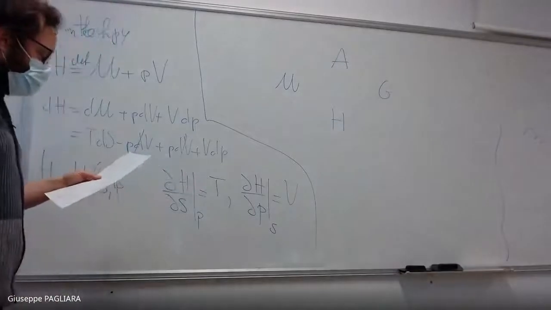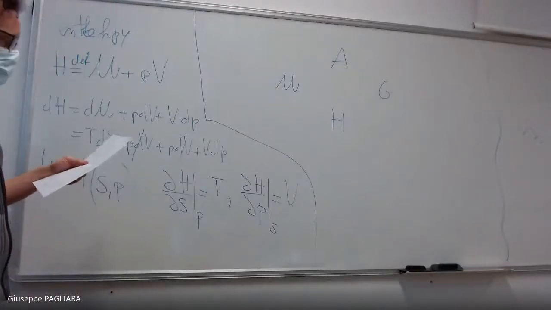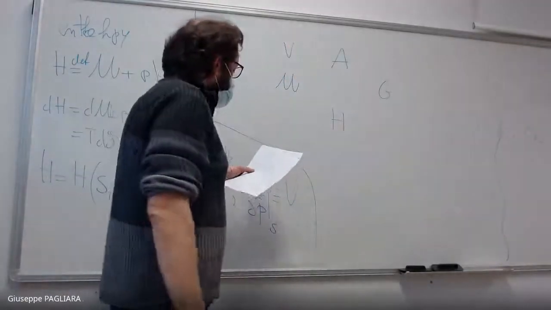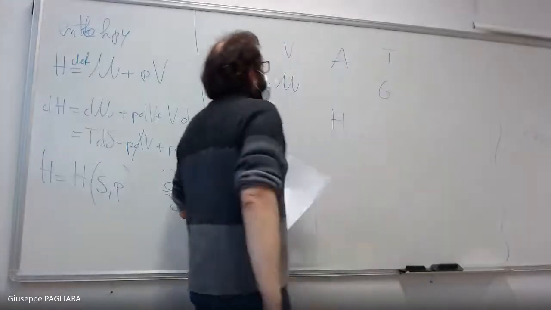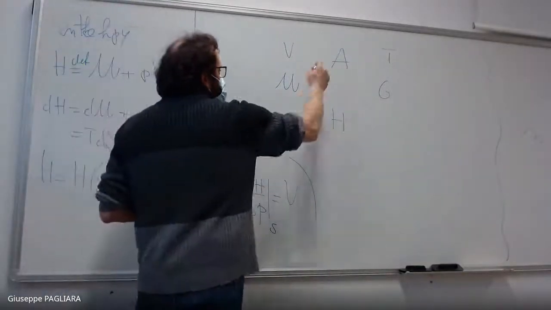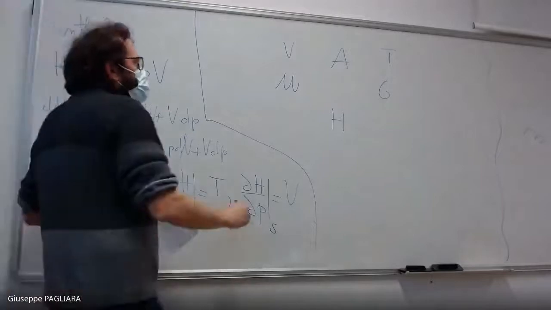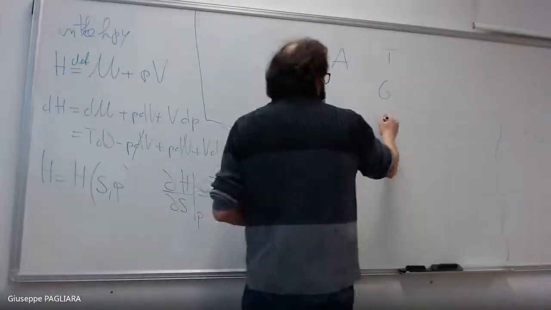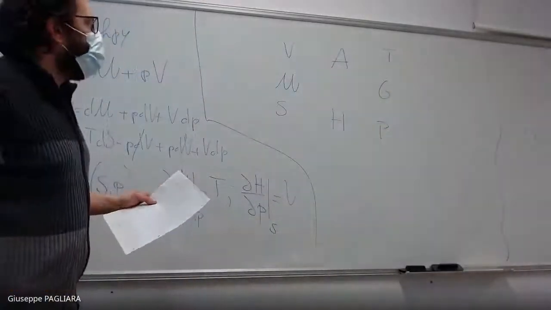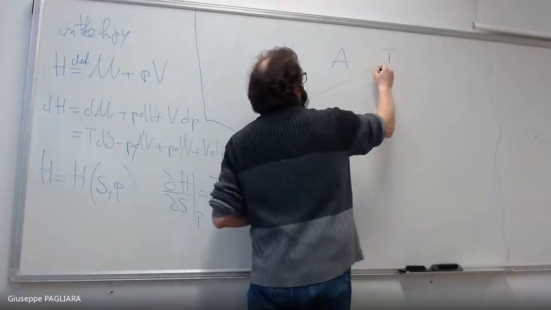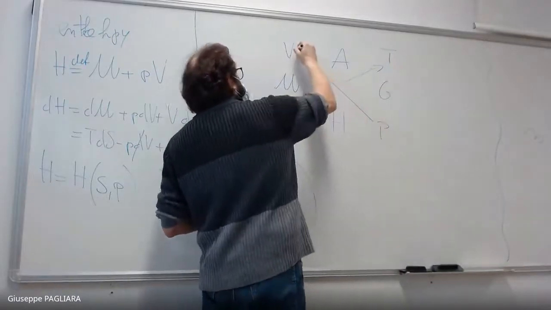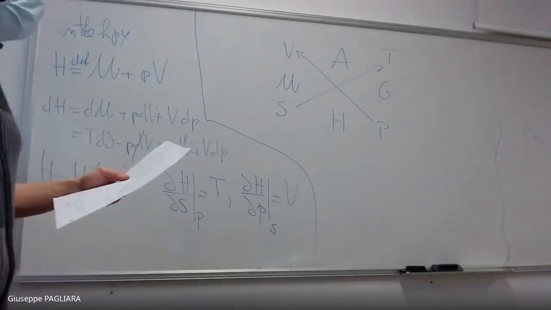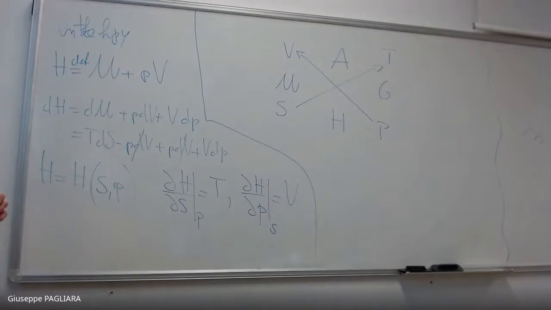So one draws the following scheme: U, A, G, and H. Here we have the two variables, V and T, on which A depends. U depends on V and entropy, and H depends on entropy and pressure, so I have the pressure here. And now there are two arrows, one here and the other one here. This scheme will actually help in finding the Maxwell relations.